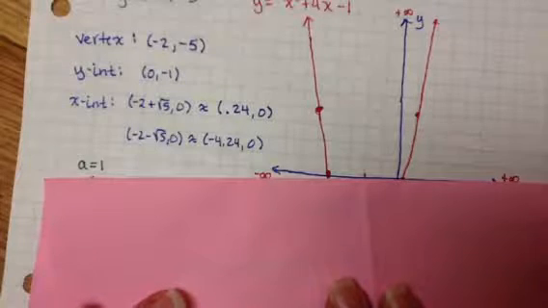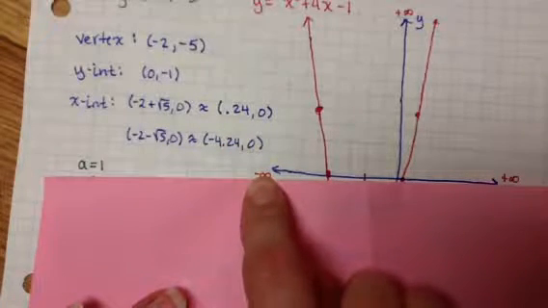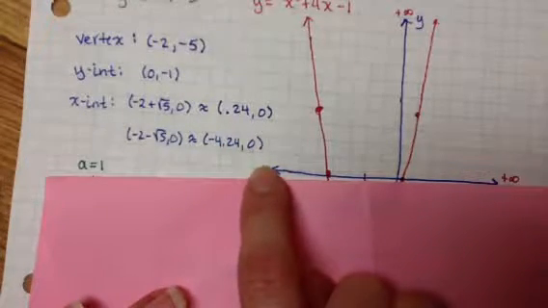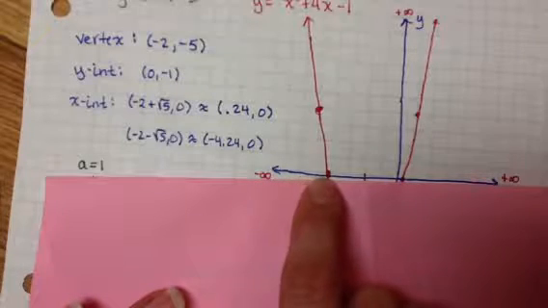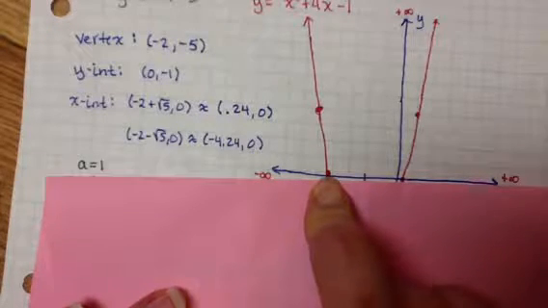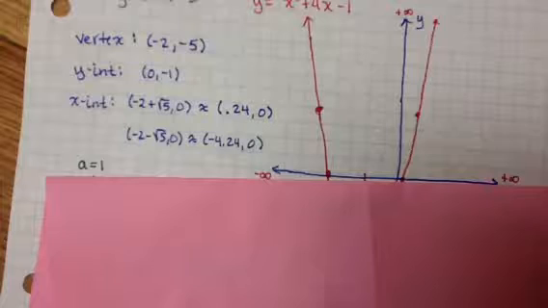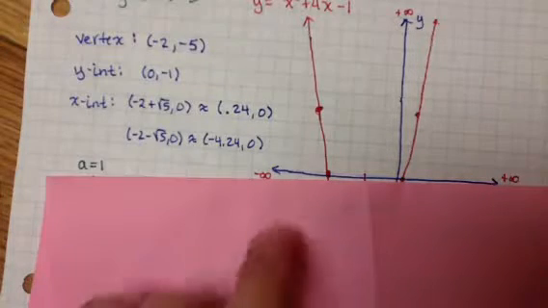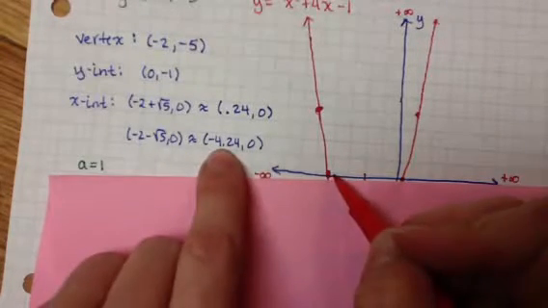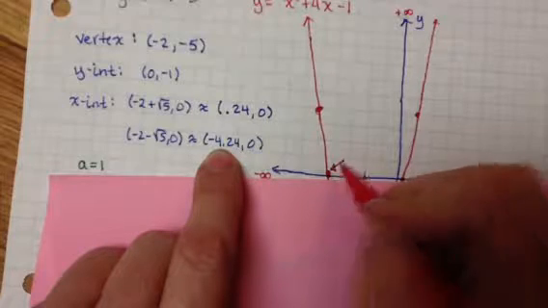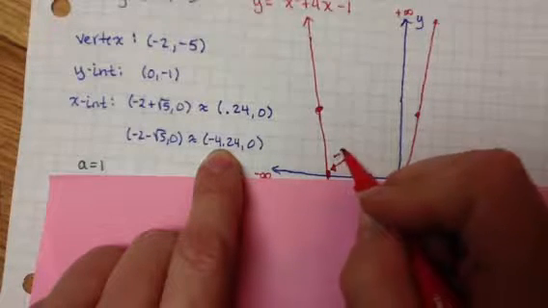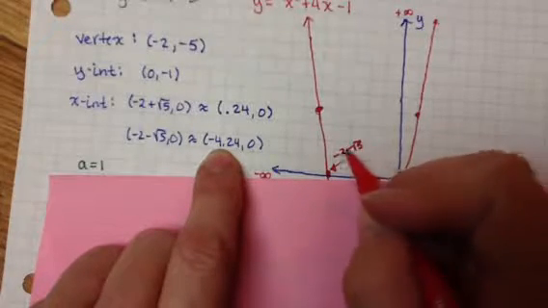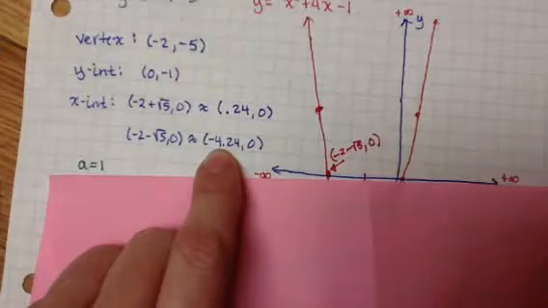So it is above the x-axis all the way out at negative infinity on the x value, and it's still above the x-axis until we get to this spot right here. Now you may remember this spot was our x-intercept. So this is the x-intercept, negative 2 minus the square root of 5, comma 0.